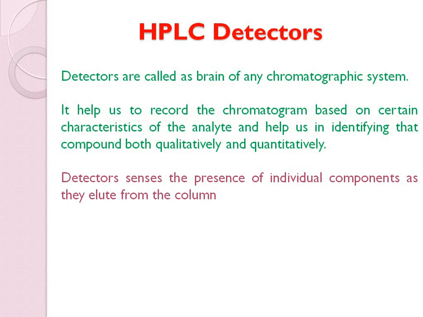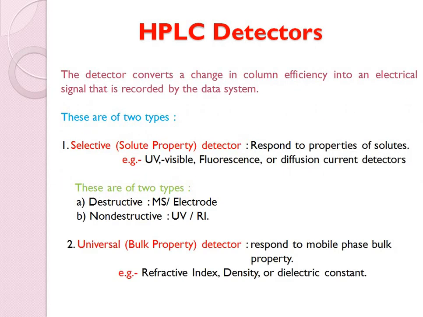Detector senses the presence of individual components as they elute from the column. The detector is defined as the part which converts a change in column effluent into an electrical signal that is recorded by the data system.